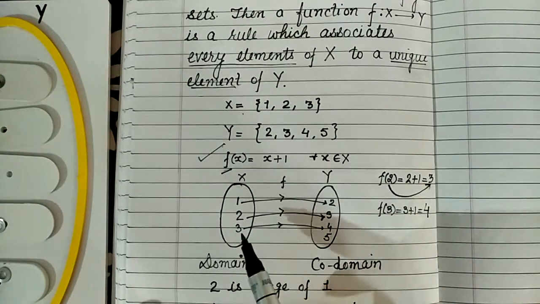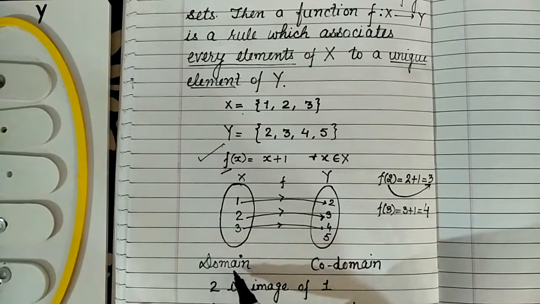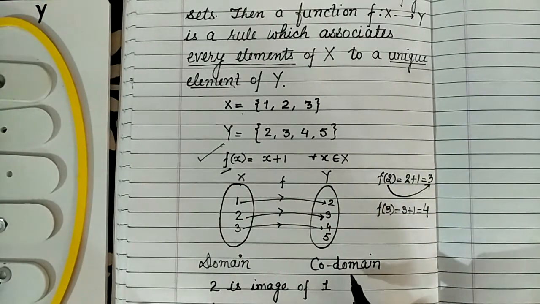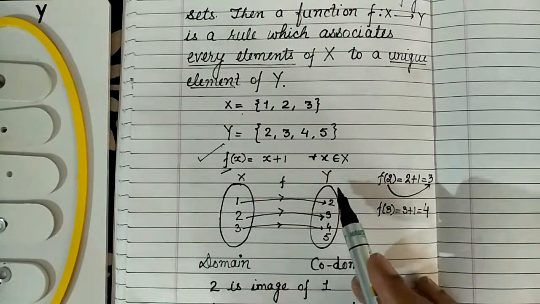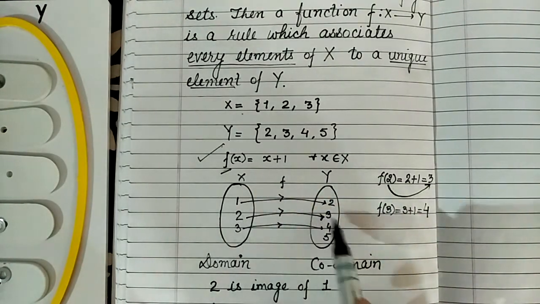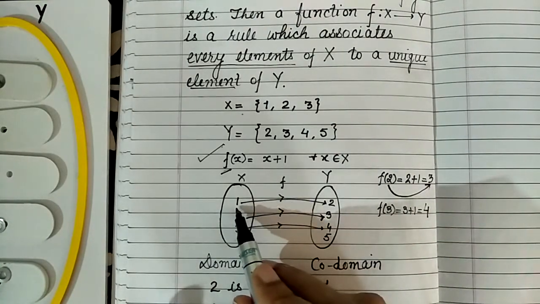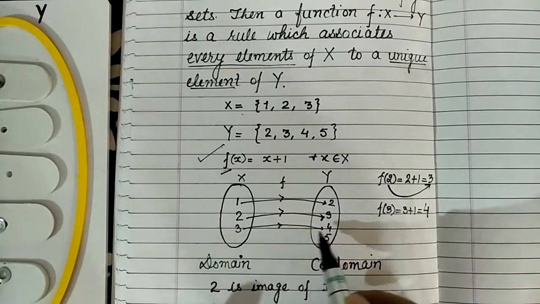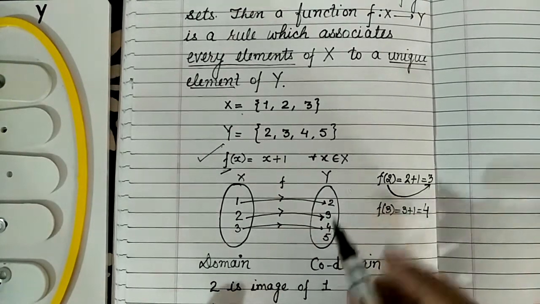Now the left hand side set is called domain and the right hand side whole set is called codomain. Means x is domain, y is codomain. And the associated elements, means if we put 1, 1 is associated with 2, 2 is associated with 3, 3 is associated with 4.